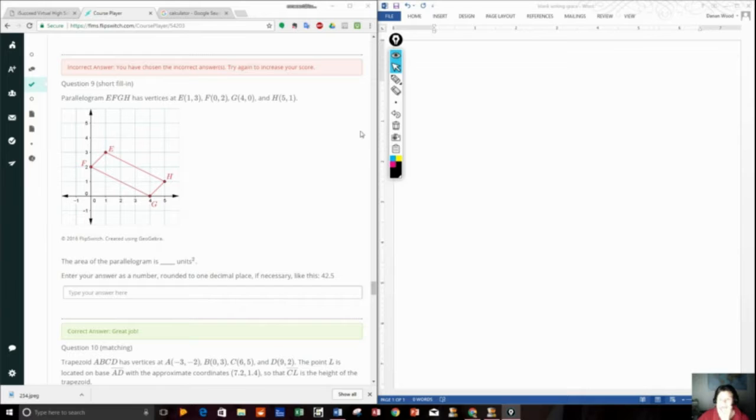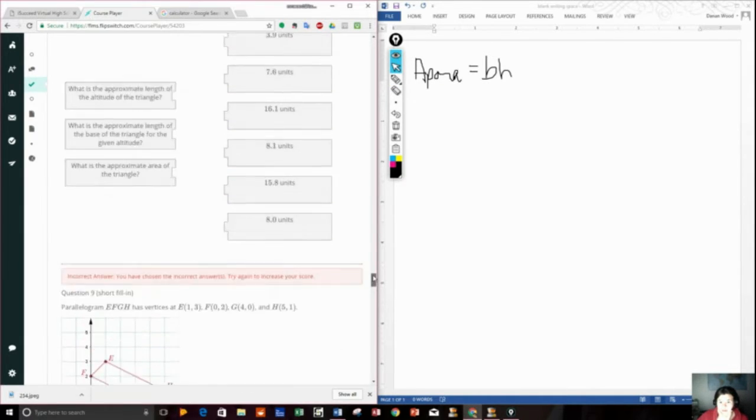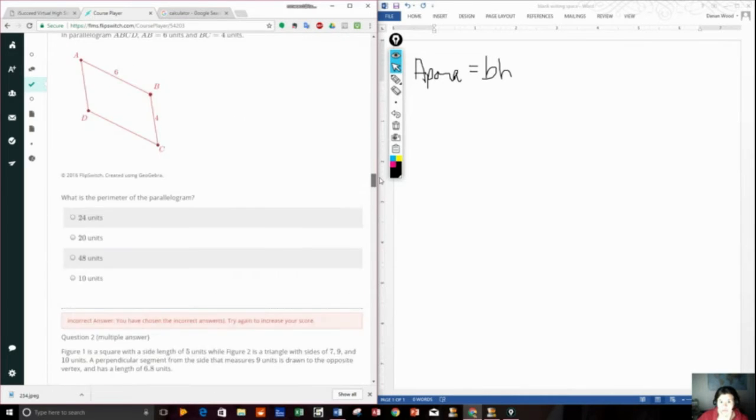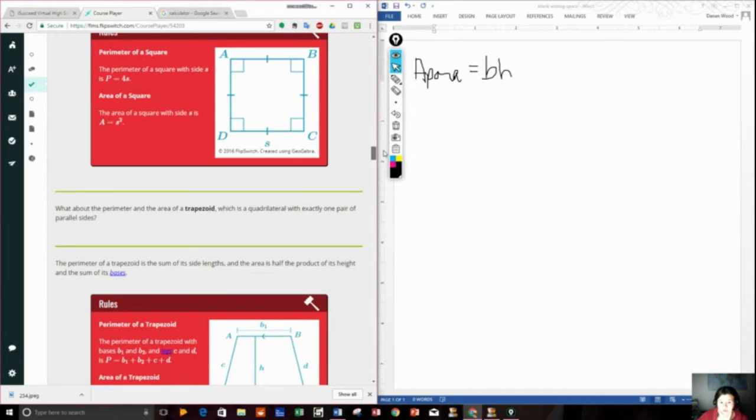parallelograms are rectangles, and so I know that the area of a parallelogram is going to equal our base times our height. So let us double check that if you want.